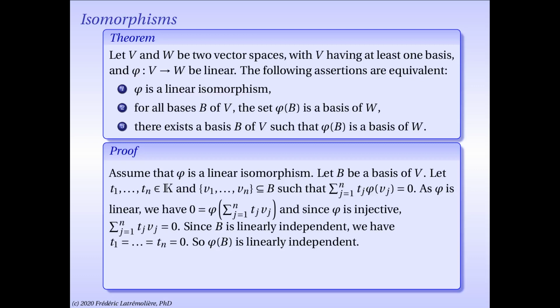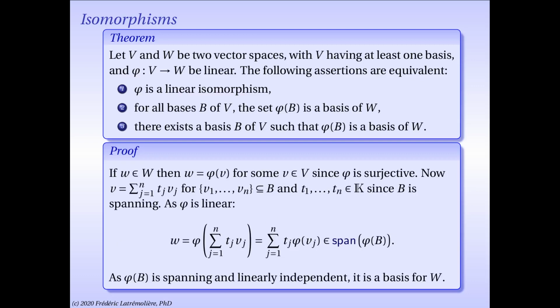As phi is linear, that means that 0 is also equal to phi of T1 V1 plus etc. plus Tn Vn. And since phi is injective, the only vector that's mapped to 0 is 0, so T1 V1 plus etc. plus Tn Vn must be 0. But since B is linearly independent, this means that T1 equals T2 equals etc. equals Tn equals 0. So phi of B is indeed linearly independent as desired.